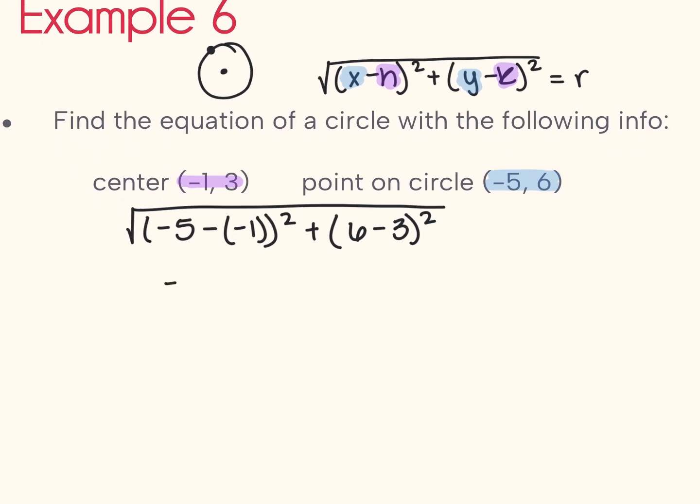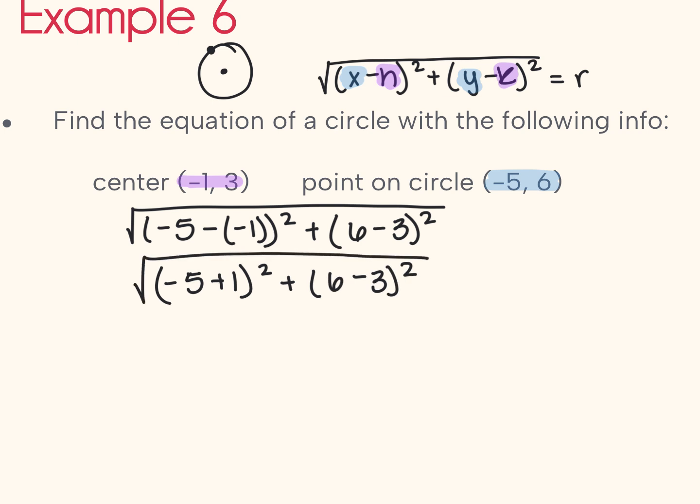Solving it, I'm going to get -5 plus 1 squared. I'm bringing this down still. You could have just changed the signs. And now solving it, what's -5 plus 1? -4. Keep in mind the -4 is being squared. Plus, what's 6 minus 3? 3 squared. Don't forget that square root.